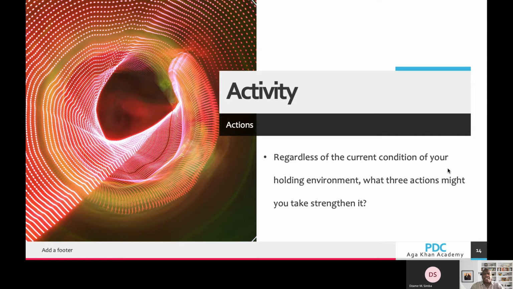What 3 actions can you suggest for the school leaders? What would you suggest? For school leaders?